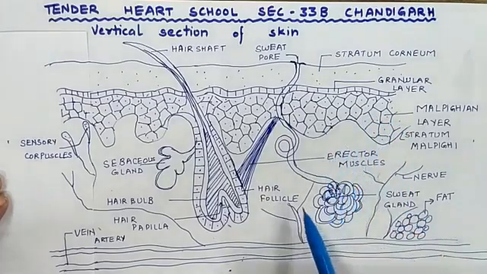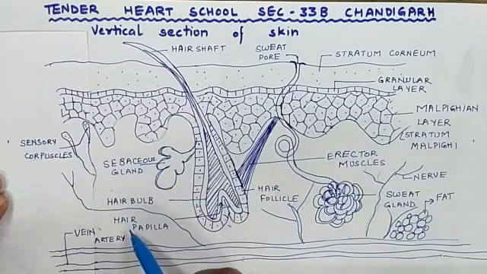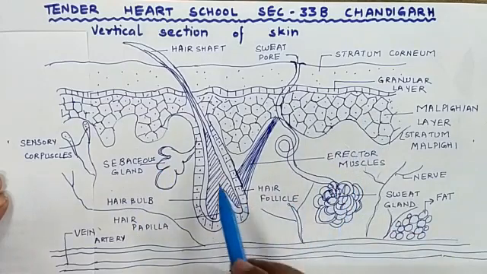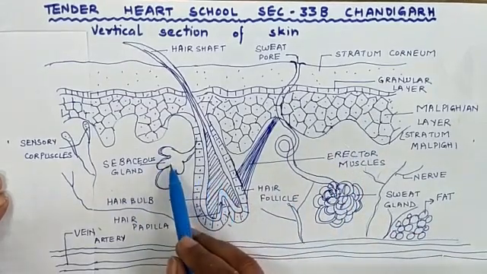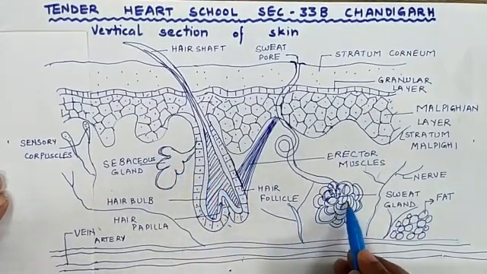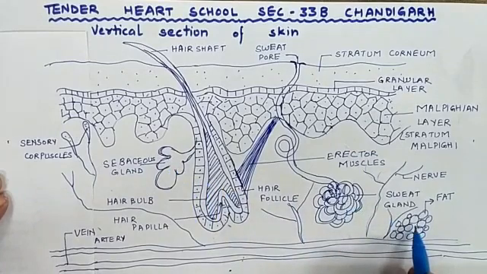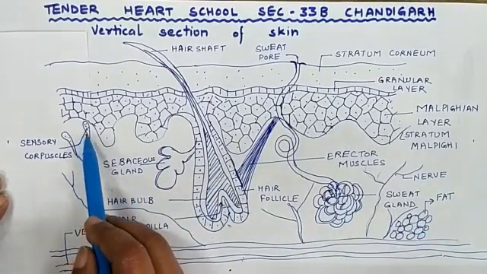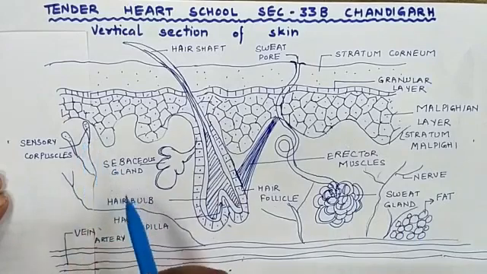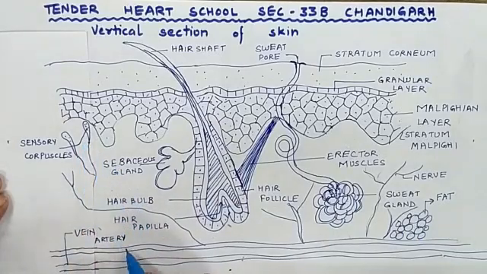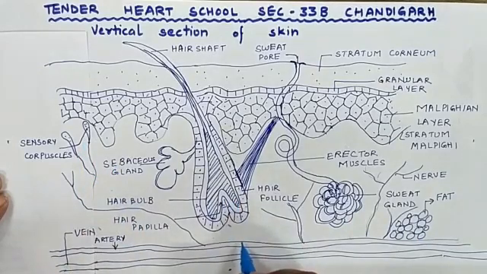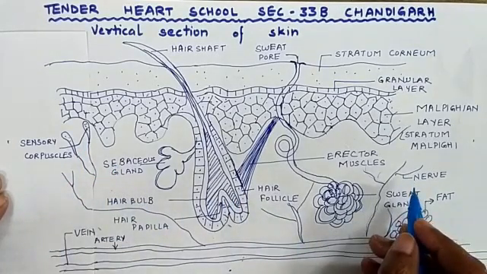And then we have the inner layer of skin, which is the dermis. Dermis is having the presence of so many derivatives of the skin. We have the hair, the sebaceous gland, sweat gland, fat droplets. We have the sensory corpuscles. We have the blood supply, arteries and veins present in the dermis region. Then we have the nerves which are present in the dermis region.